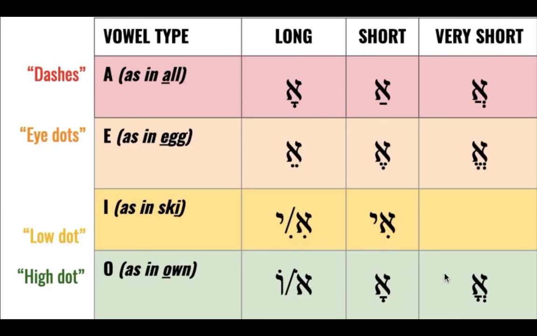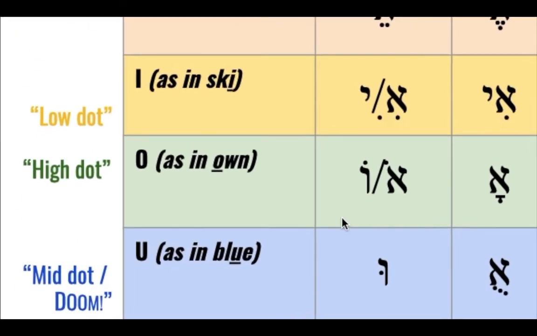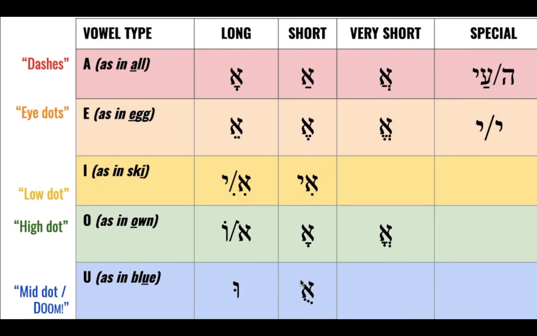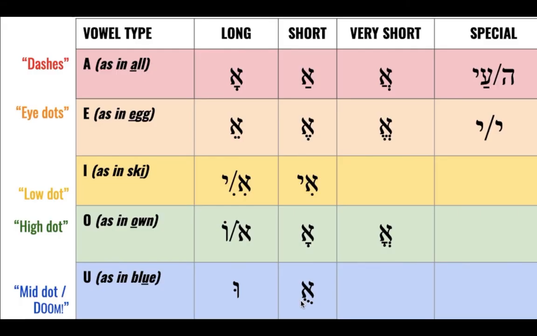And then we have the short version, which would be O. And then we have a mid dot with a vav, and that's pronounced U. We also have this aleph here with 3 dots below it. I like to think of it as descending into do, just to remember that it has a U vowel sound.